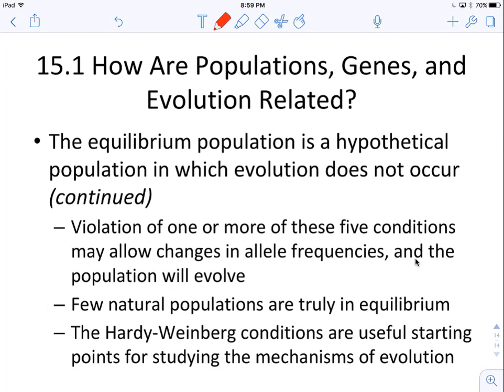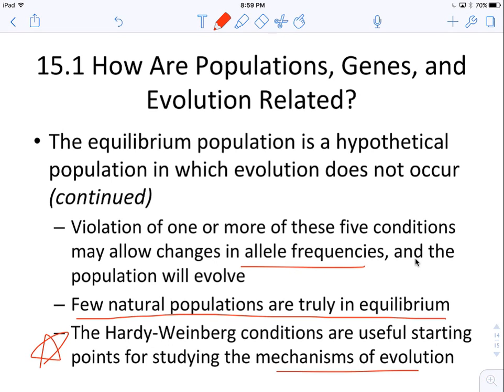Violation of one of these five conditions will allow changes in allele frequencies and the population evolves. This really does not happen in nature. Very few populations can be in equilibrium. Hardy-Weinberg conditions are useful for studying the mechanisms of evolution, or how populations actually do evolve. We'll touch base with this at the beginning of the next screencast. So go to the next screencast.